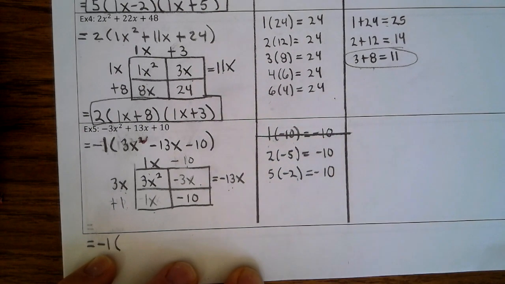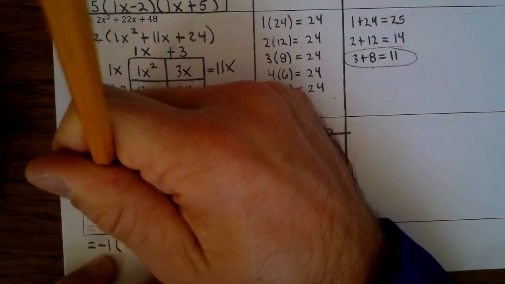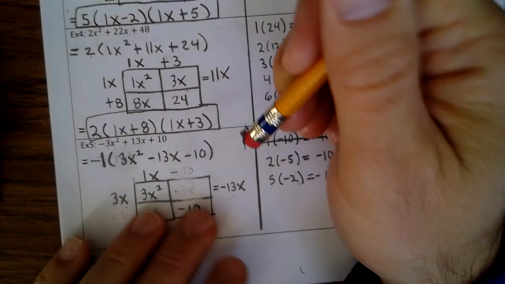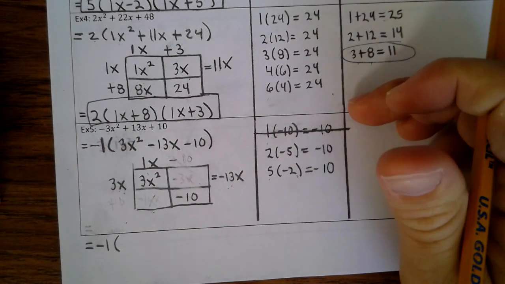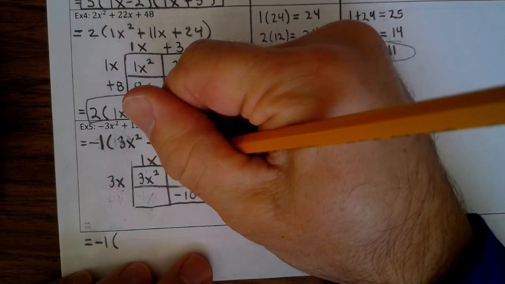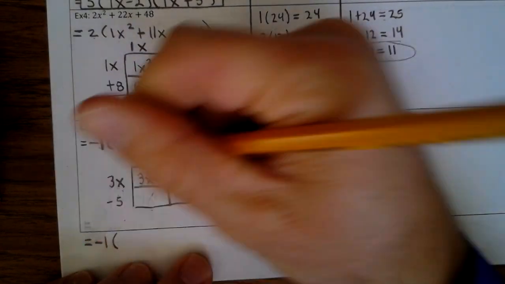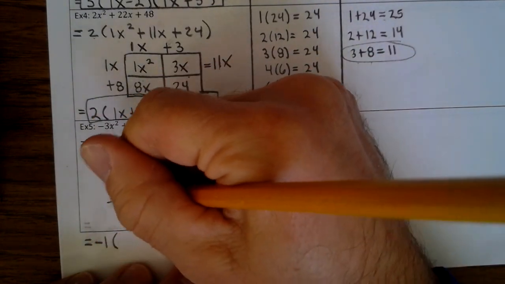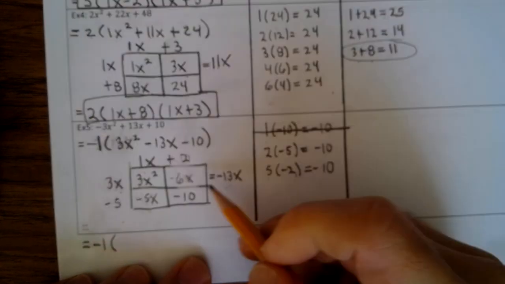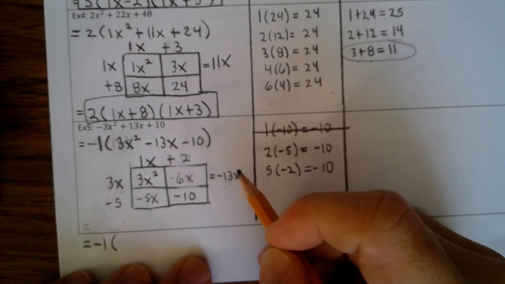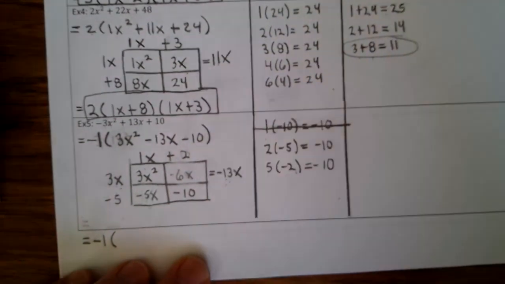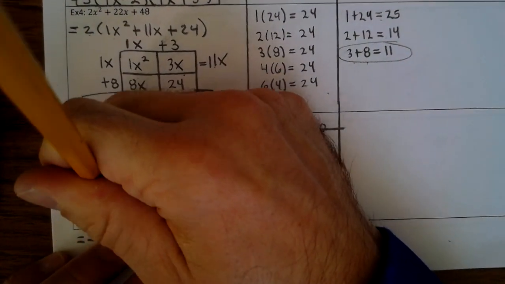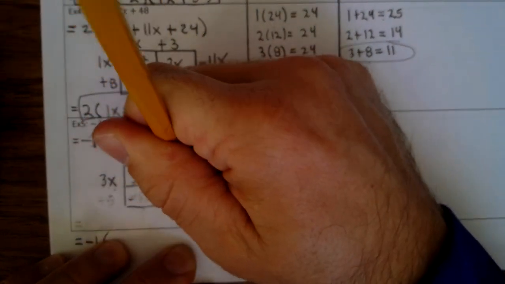So now let's try 2 and negative 5. So plus 2, negative 5. So 2 times 3 is 6x. Negative 5 times 1 is negative 5x. That doesn't combine to be 13. So now we have to try the other combination, putting the negative 5 here and the plus 2 here.